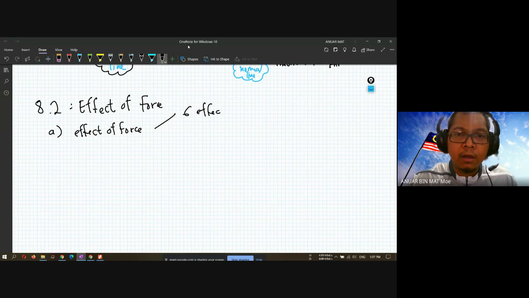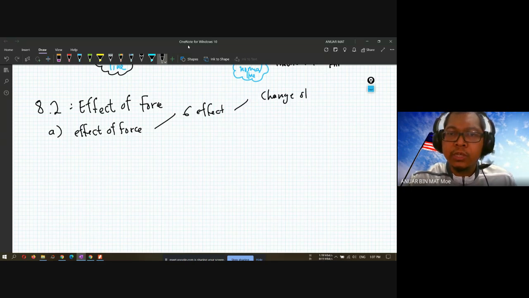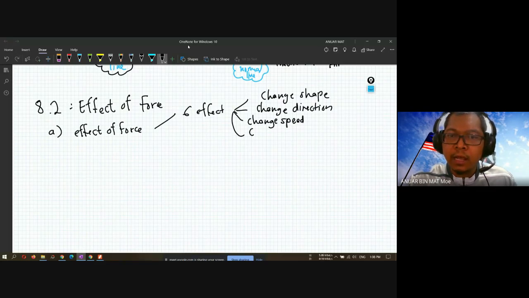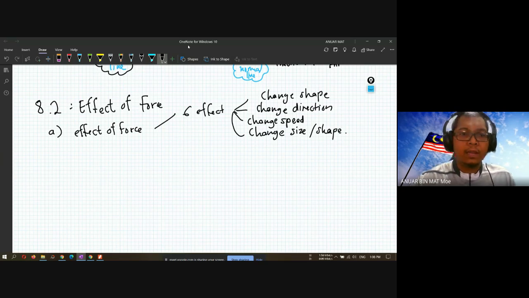Number one is, for example, change shape, and then change direction, and then change speed, and then change what else? Change the size and shape, right? Number one, the A in 8.2, the first topic is the effects of force.